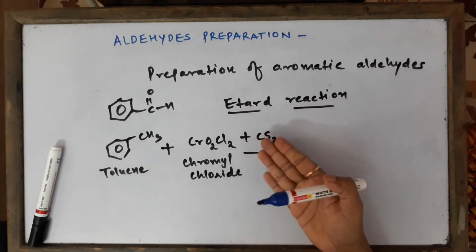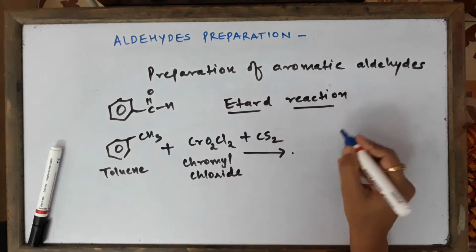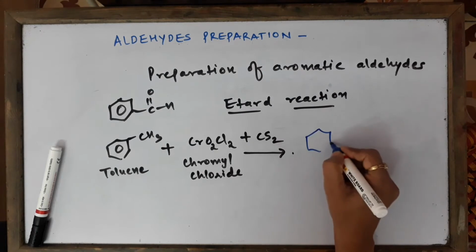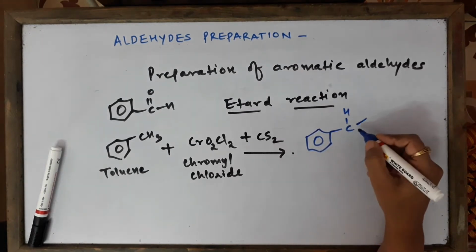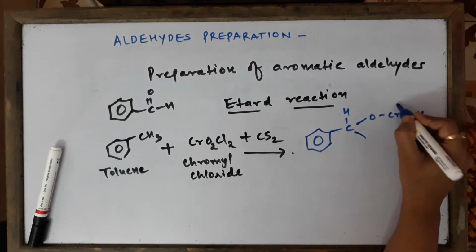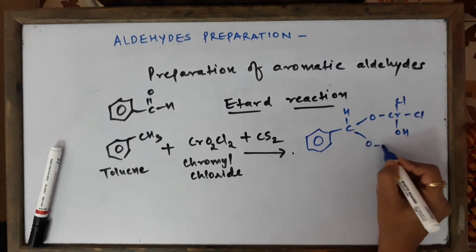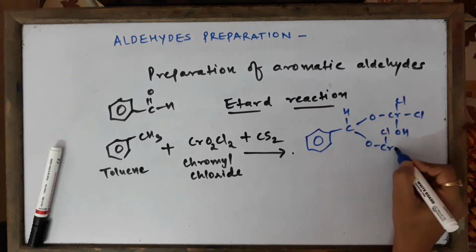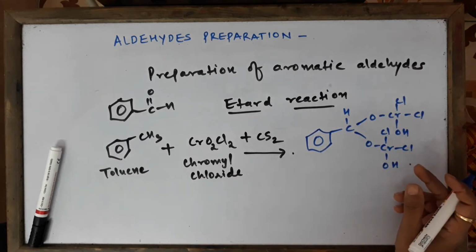So what does this chromyl chloride and carbon disulfide do? They will start oxidizing this CH3, and we will get a kind of complex which we can draw like this. Just look at this, how I'm drawing it. Same way here also, OCrCl2OH. It looks quite complex for us in the exam.